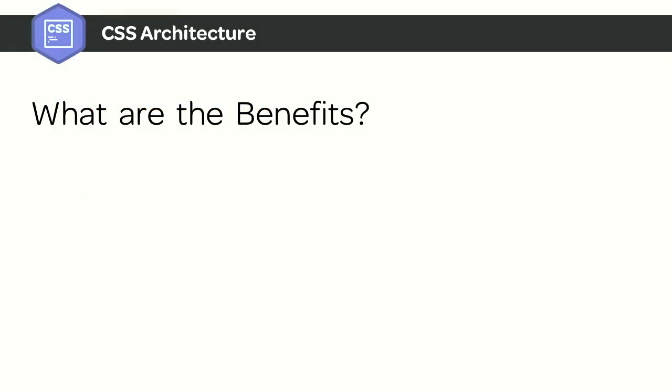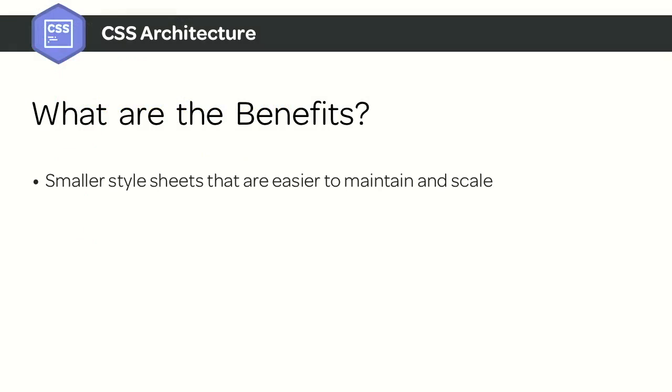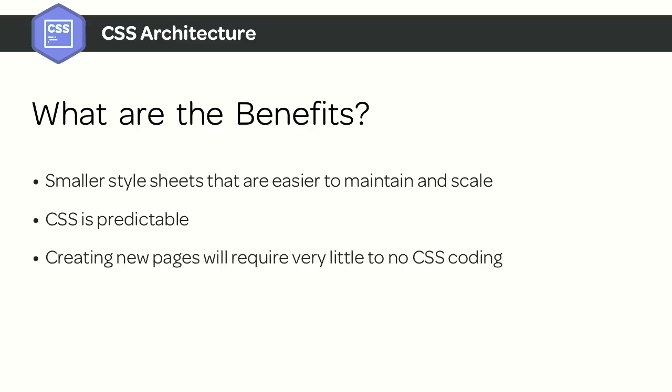Now, some of the benefits to using OOCSS is that it results in smaller style sheets that are easier to maintain and scale. It also makes our CSS predictable, which is one of our main goals when writing CSS. And we could very well build an entirely new HTML page without having to touch the CSS at all. Once we've defined all these modules in the style sheet, we can sort of plug them in where needed.